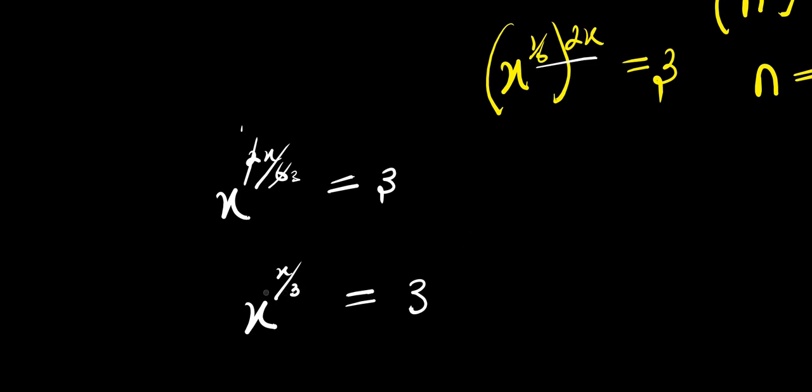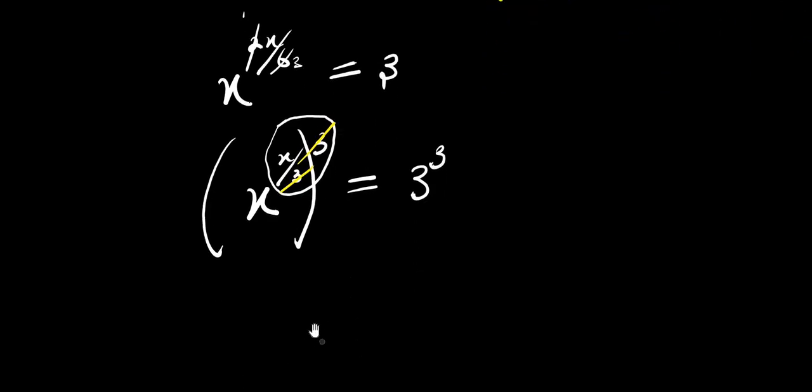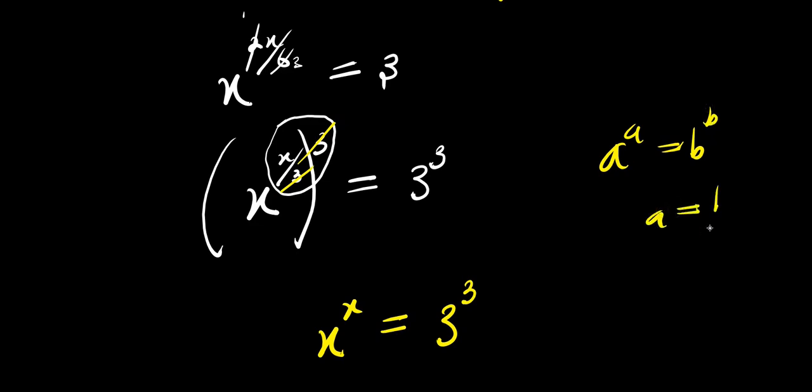So we can raise this to the power of 3. We raise this to the power of 3 and raise this to the power of 3. We multiply this out, so this cancels this. I have x power x equals 3 power 3. So by comparing, if you have a power a equals b power b, that means a equals b.